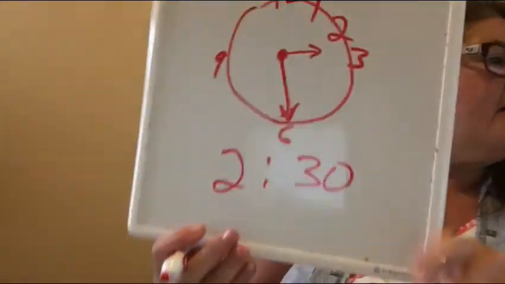It's going to be the 2 o'clock hour because the short hand is passing the 2 and eventually moving on to the 3. The long hand, the minute hand, is halfway past the hour, half past. So it is half past 2. It is approaching 3. So it is 2:30 on my clock.